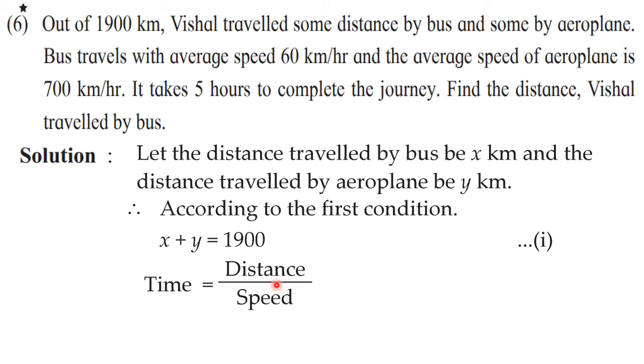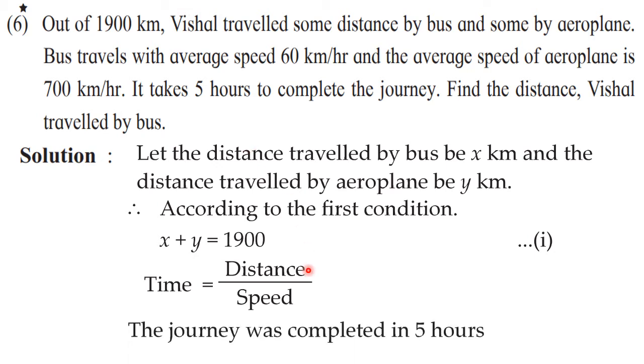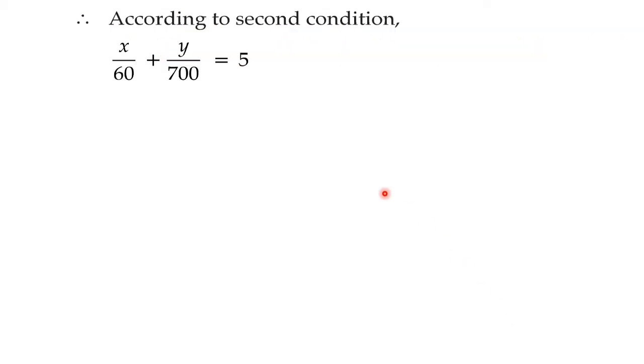Together the time taken is 5 hours, so we have to add those two times. According to the second condition, x upon 60 plus y upon 700 is equal to 5, because the journey was completed in 5 hours.